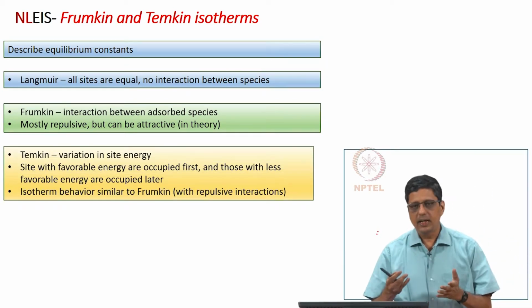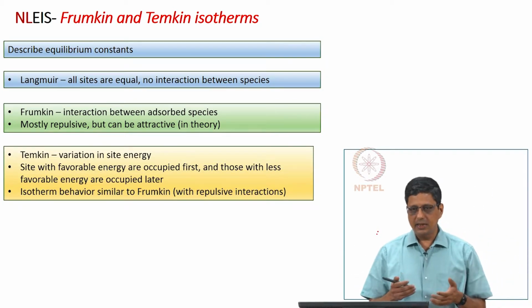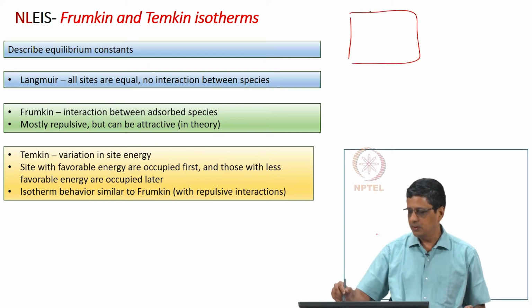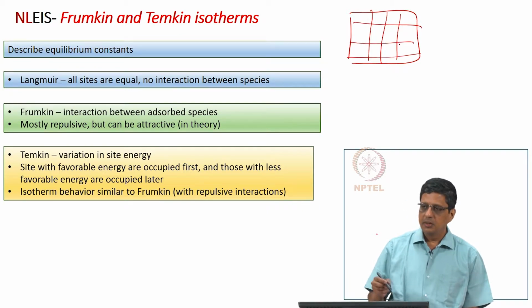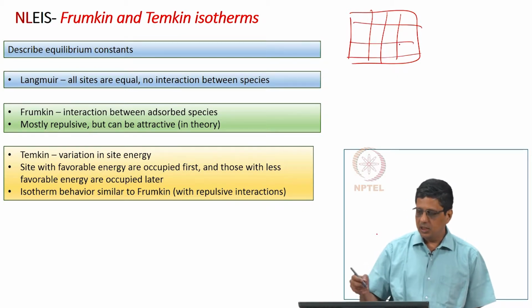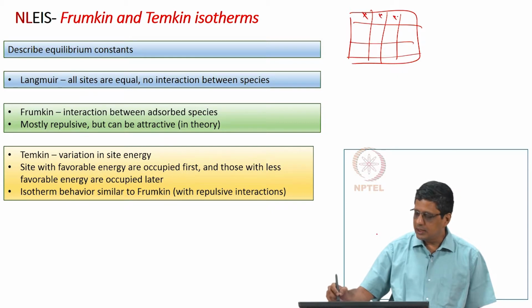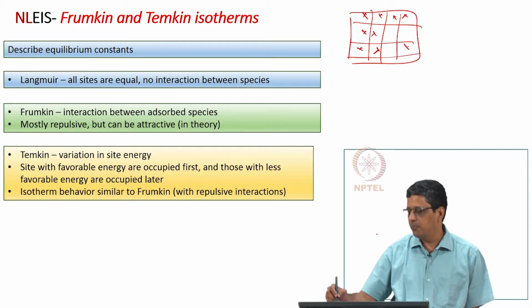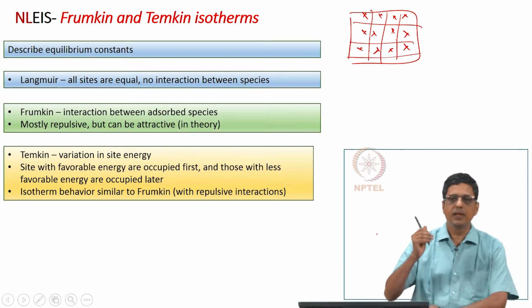Another way to look at it is to say that you have n number of sites, and not all sites are equal. In the very beginning adsorption will occur only at certain sites, preference is given to those, then it would occur at certain other sites, and then a third and a fourth. These are described by the energy levels.